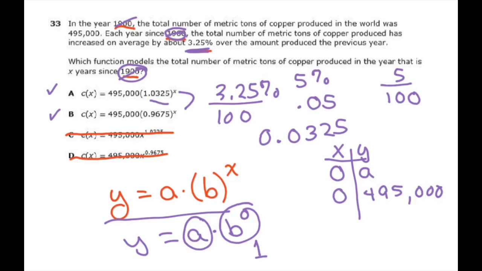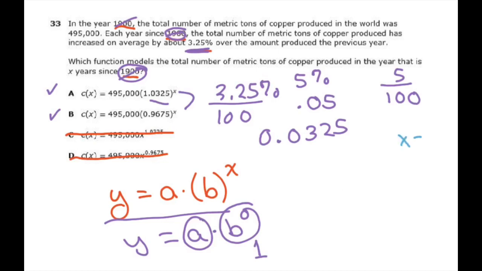Now, the reason there's a 1 there, let's just say x was 1 year, so let x be 1. So if I had c of x equals 495,000 times 1.0325 to the x, and x is 1. All the 1 means is you're distributing.